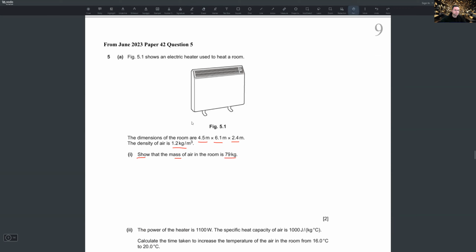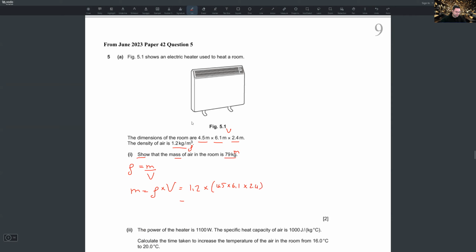He wants us to calculate the mass. I have density, I have volume, he wants mass. So if density is mass over volume, therefore mass is equal to density times volume. And density is 1.2. The volume is already basically given to me, 4.5 times 6.1 times 2.4.